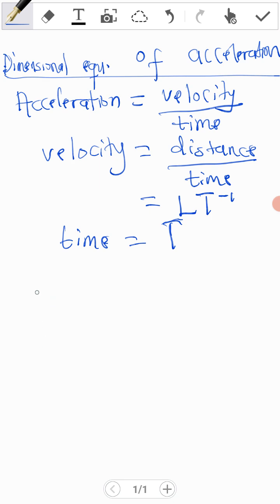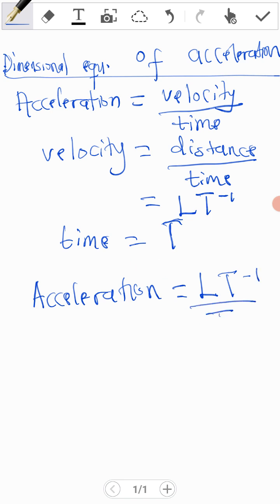So now we can proceed and say that acceleration is equal to, we know the dimensional equation for velocity now, which is LT raised to the power -1, and that of time to be what? T. So now we want to move this T up here to join them, so it becomes linear without any fraction.